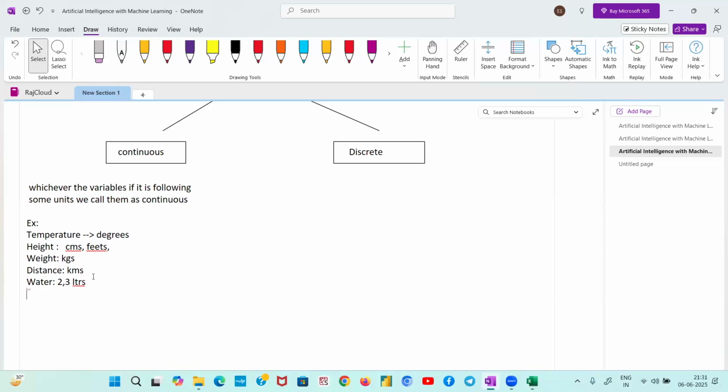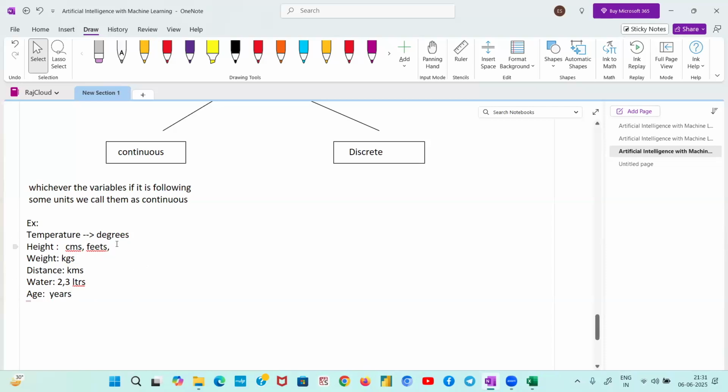Height, weight. What about your age? 23 or 33, 30 or 40, but you always express your age in years. So the common thing is that they always have some units.